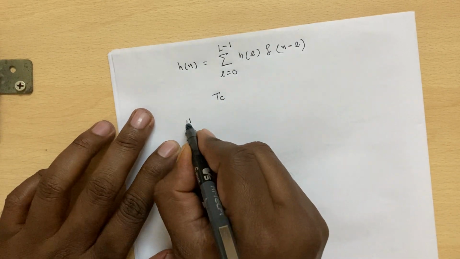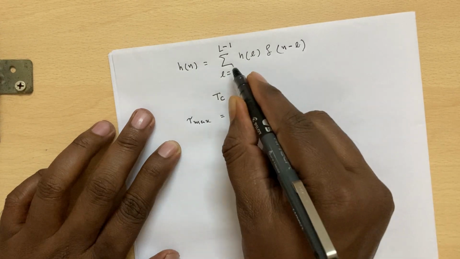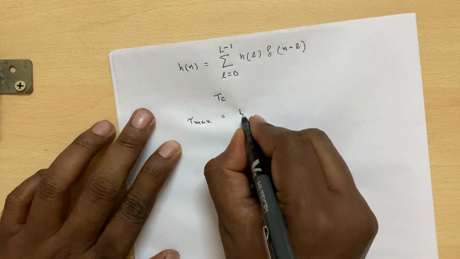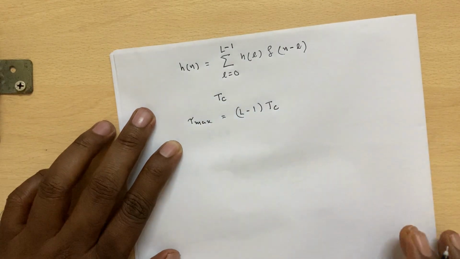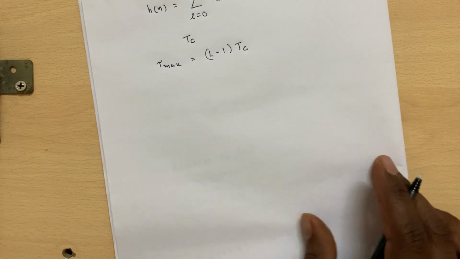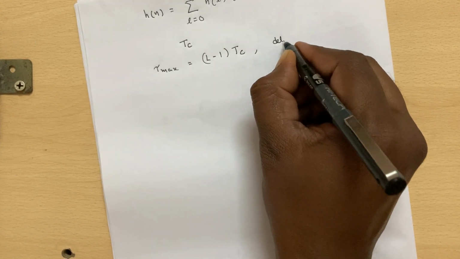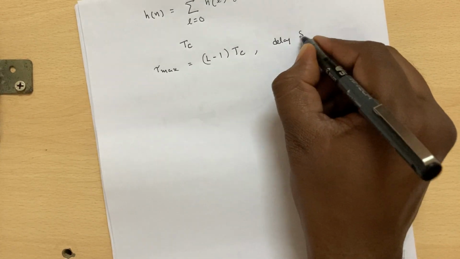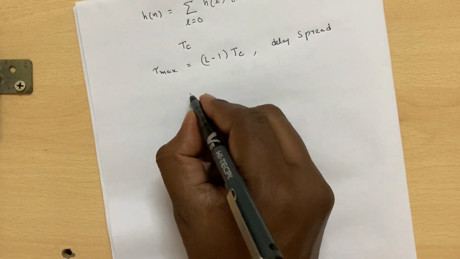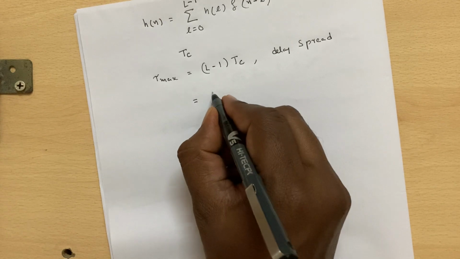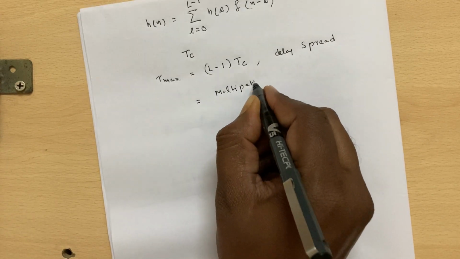The maximum excess delay of the channel can be characterized by tau max, which is L minus 1 into Tc. We can take this as the maximum excess delay, or delay spread, or sometimes it is also called the multi-path spread.